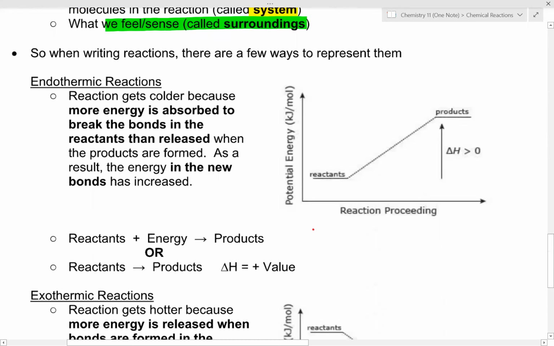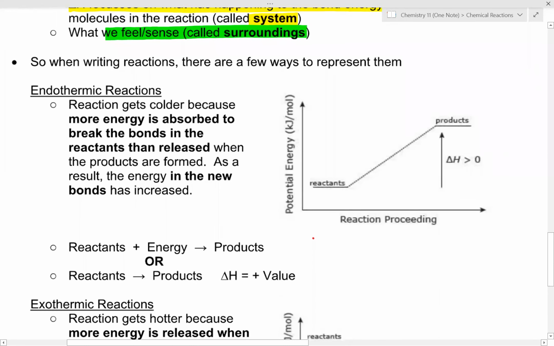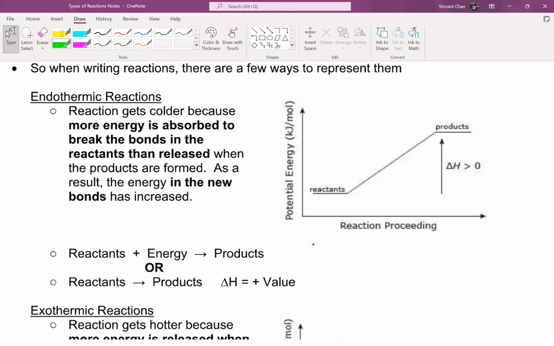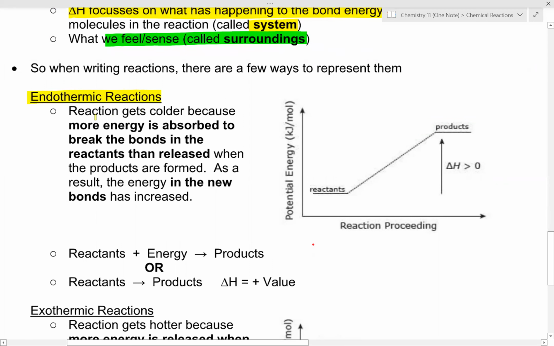Now, when we talk about chemical reactions, for endothermic reactions, what happens is the reaction gets colder because more energy is absorbed than released. Okay? So how do we represent endothermic reactions?